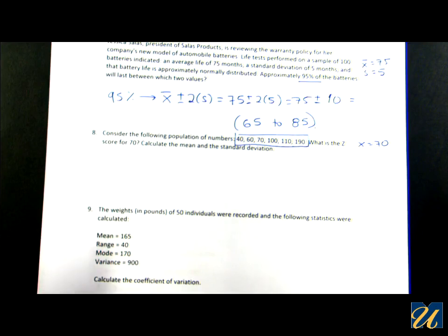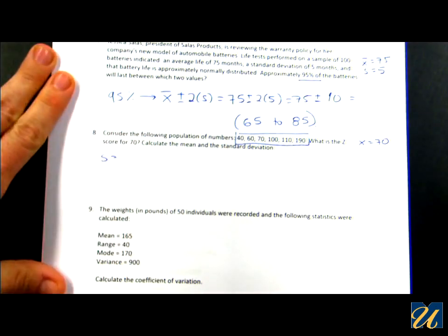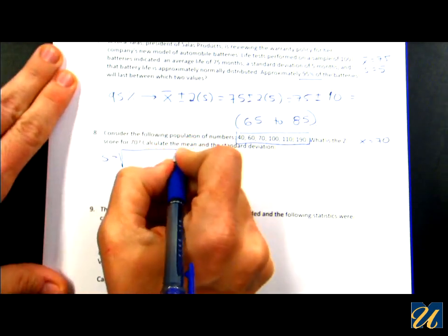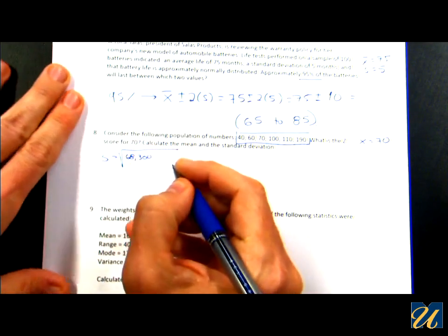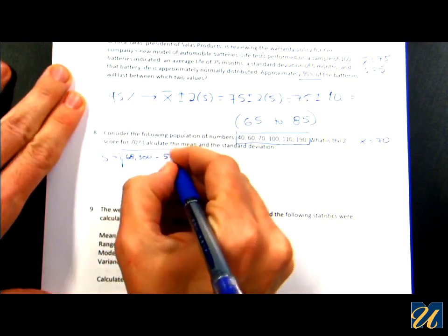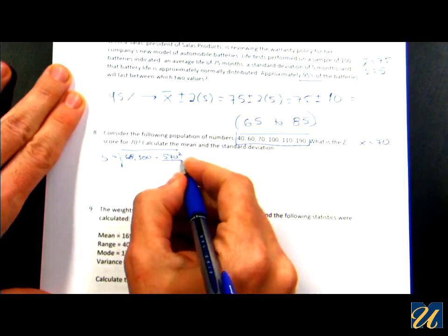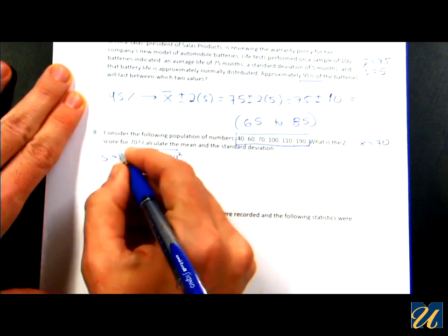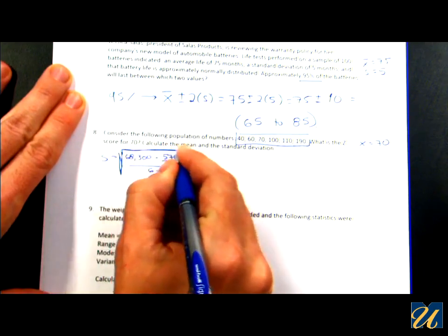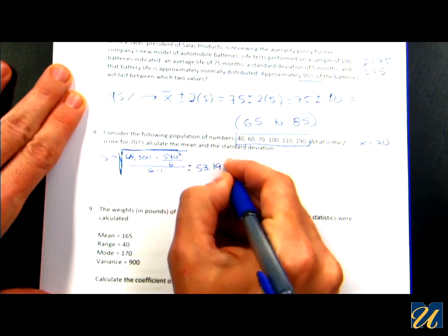We will take the square root of 68,300, which is the summation of the squared entries, minus 570 squared, where 570 is the summation of the entries, over the sample size, and all of this over n minus 1. Once again, we need to take the square root. If we do this, this will be 53.198.